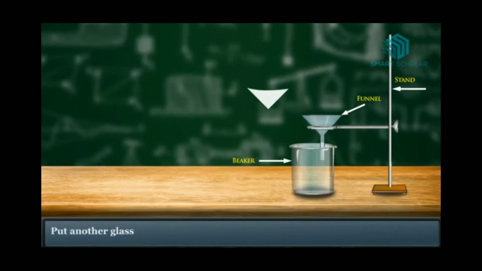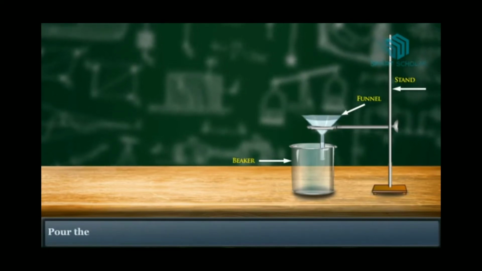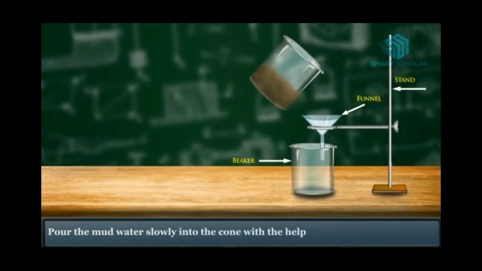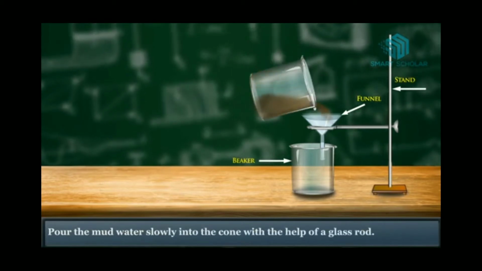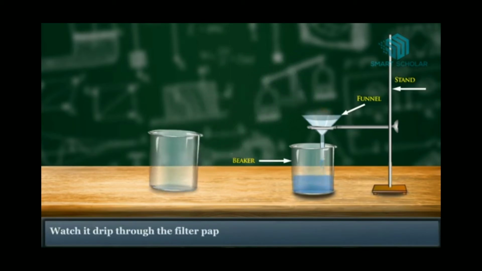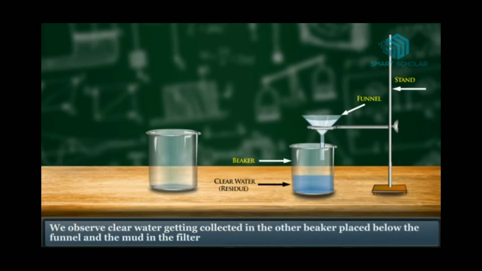Put another glass beaker below the funnel. Pour the mud water slowly into the cone with the help of a glass rod. Watch it drip through the filter paper and funnel. We observe clear water getting collected in the other beaker placed below the funnel and the mud in the filter paper.